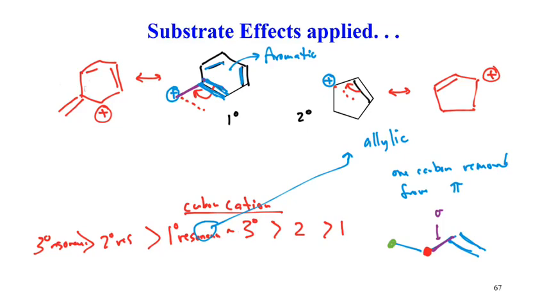Because that chemistry is so distinct from just a standard pi bond, this gets a new name, and that position becomes known as benzylic. Same concept, it's one sigma bond removed from the pi bond to the carbon that you're referencing, but it's called benzylic because it's the benzene ring as opposed to allylic because it's the alkene.